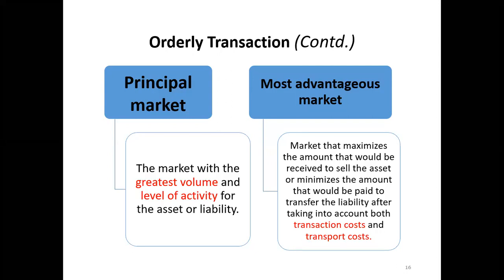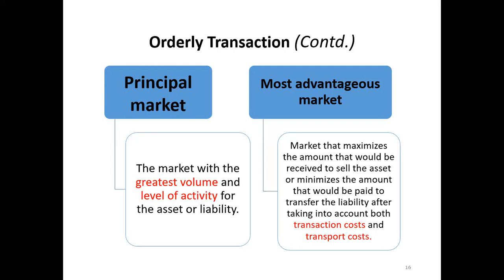Let's say, when it comes to the wholesale market, the retail market, and the export market, let's say there are 100 transactions in the wholesale market, 250 transactions in the retail market, and 50,000 transactions in the export market. Then out of these three markets, if you have access to all three, what is your principal market?